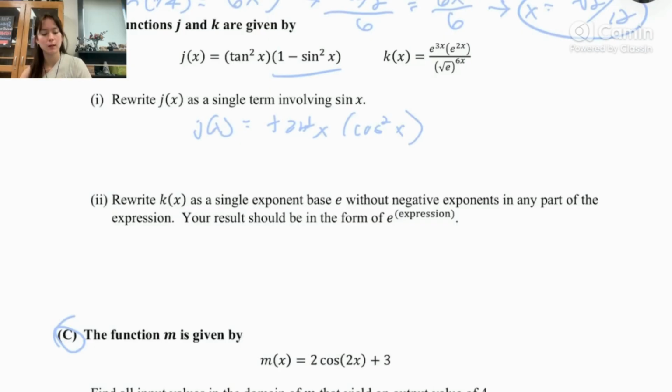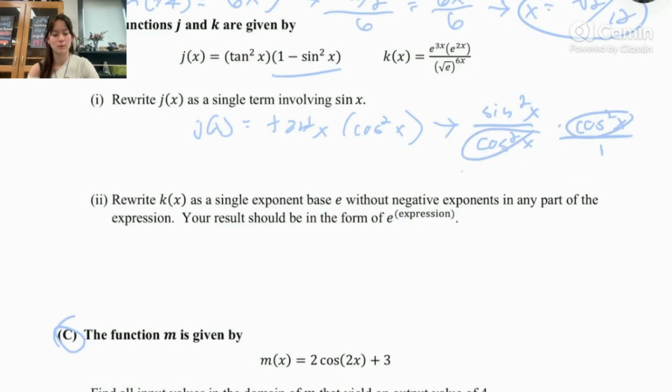Again, tan squared of x is also the same thing as sine squared of x over cosine squared of x. So, in order to get rid of cosines, you can turn tan into that. So it would be sine squared of x over cosine squared of x times cosine squared of x. Just to visualize, I'm going to put it over 1, so that when it's on bottom and on top, you can just cross it out. So it's just sine squared of x over 1.